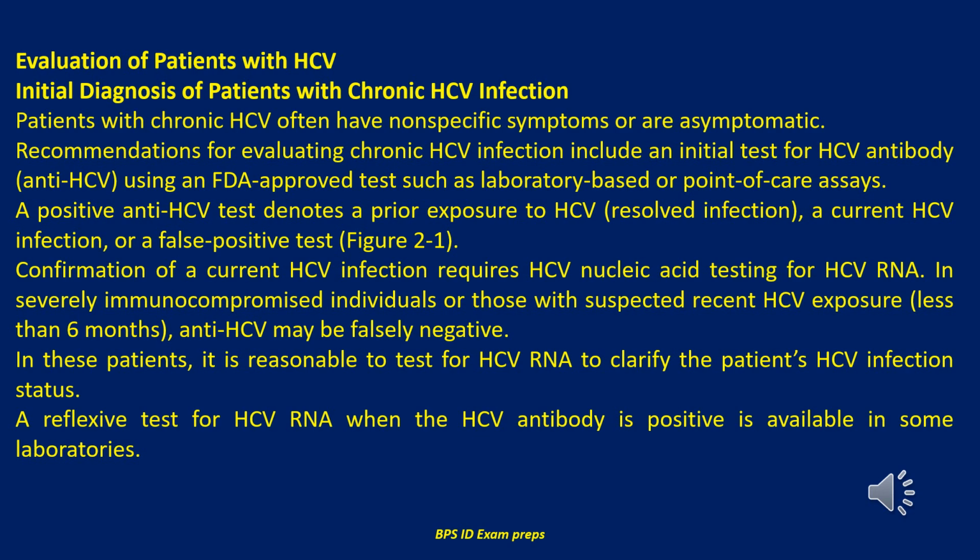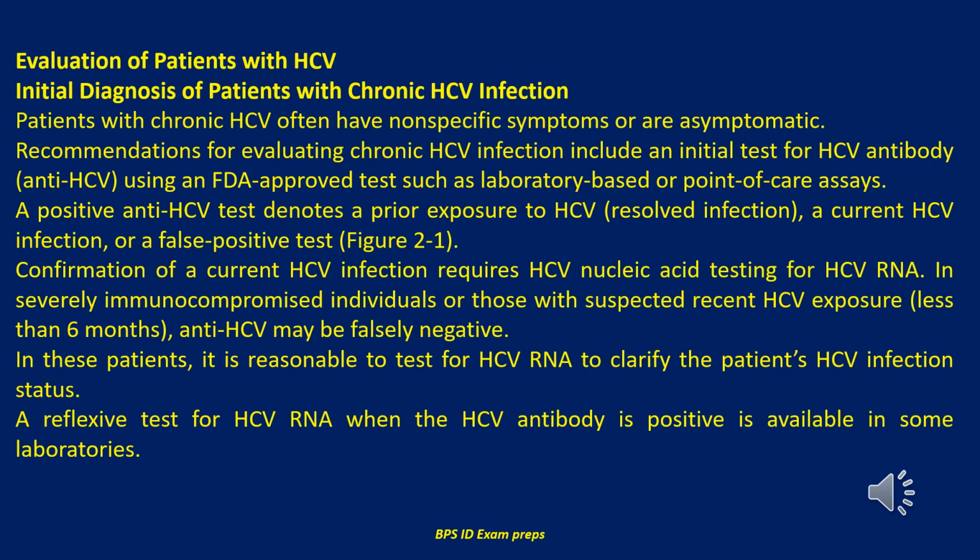Recommendations for evaluating chronic HCV infection include an initial test for HCV antibody, anti-HCV, using an FDA-approved test such as laboratory-based or point-of-care assays. A positive anti-HCV test denotes a prior exposure to HCV, resolved infection, a current HCV infection, or a false positive test, figure 2:1.